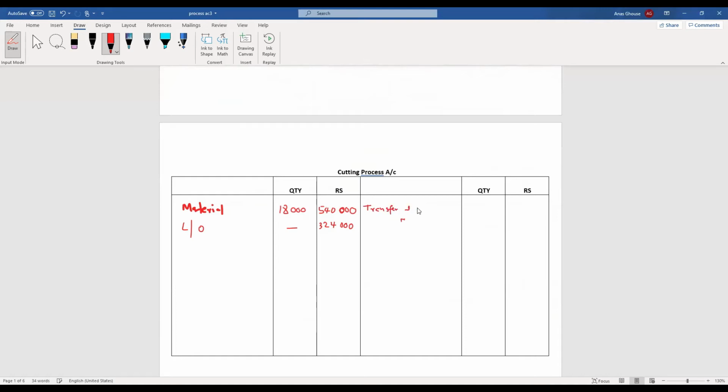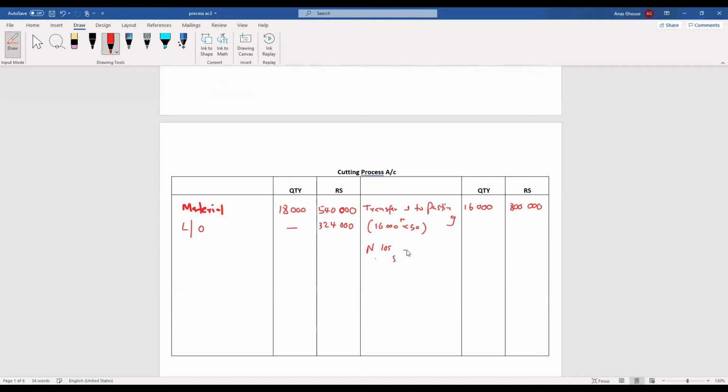So 16,000 times 50 will be 800,000. So the cost of output will be 800,000.